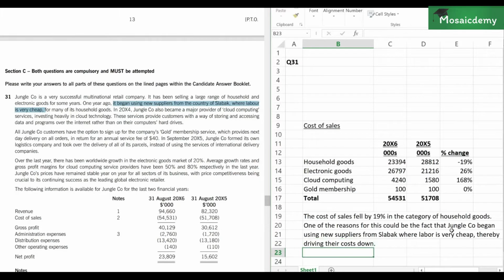Okay, so we have a mark for our calculation where we showed the percentage change, and we have a mark for the corresponding analysis, right? Simple and straightforward. Okay, and this is how we'll continue to proceed.